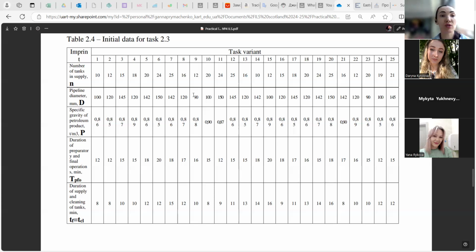Or you can write, for example, if you have first variant 1000 millimeters divided by 1000, and you have the result in meters, please. This parameter g, our diameter, we also divide by 2.